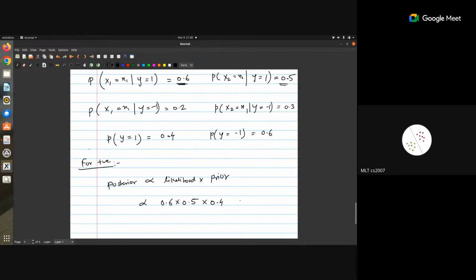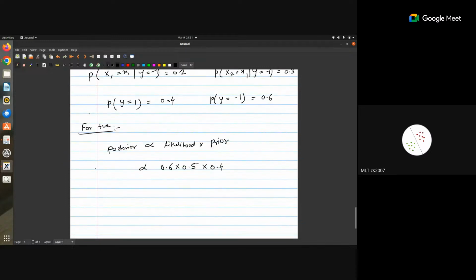This is for class 1. If I ignore the part where we have to divide also, this is the posterior probability for the positive class.